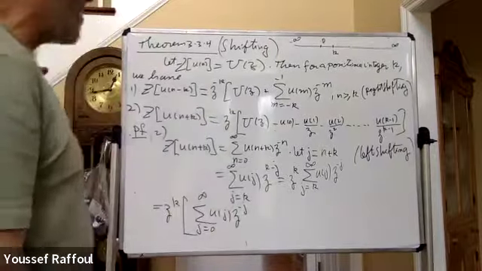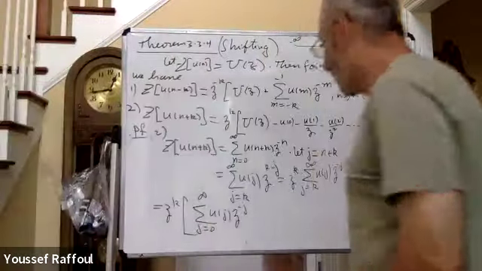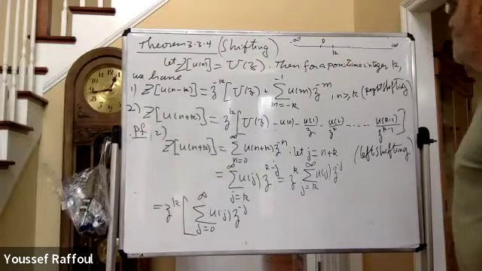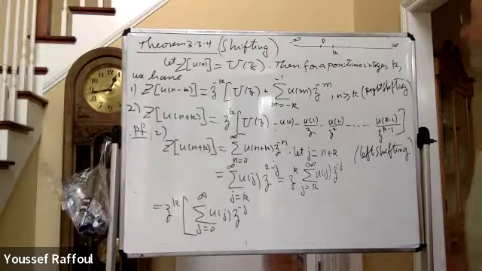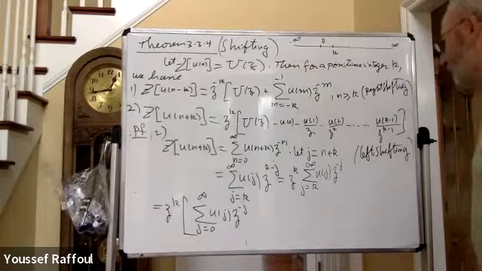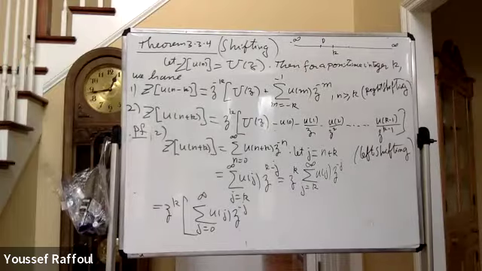So I went from 0 to infinity and then minus, but 0 to infinity minus the part from 0 to k, and that will give me j equal k to infinity.